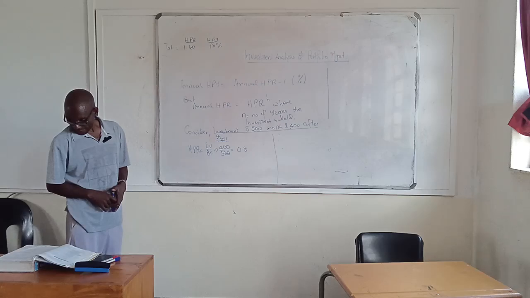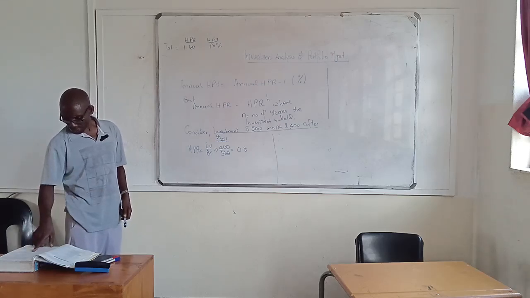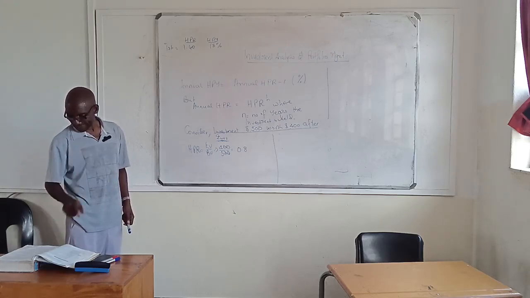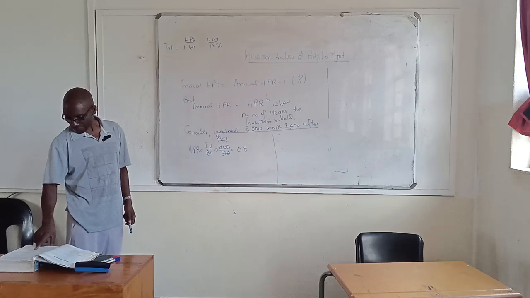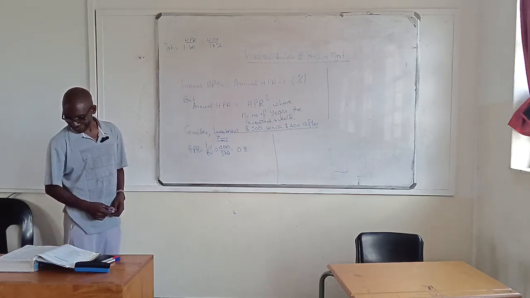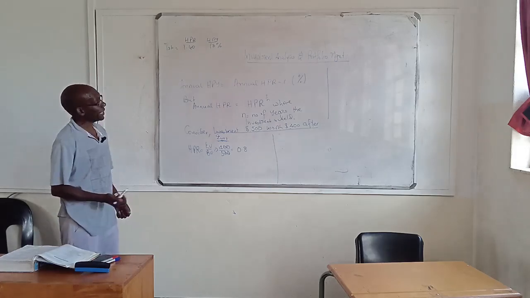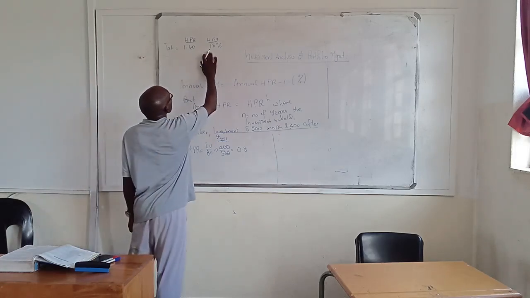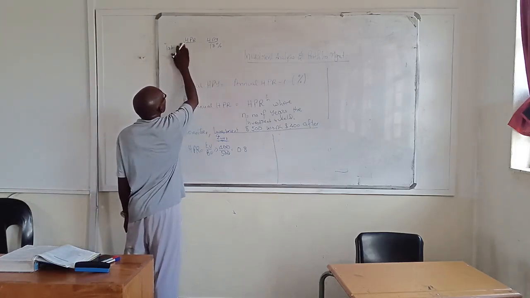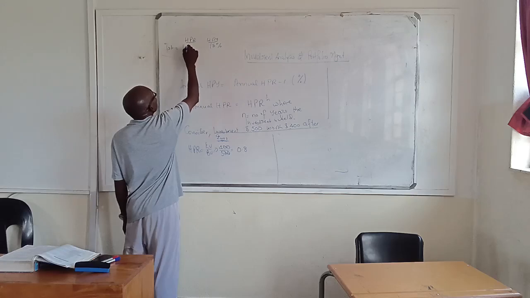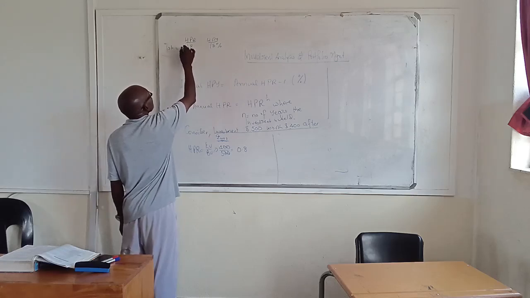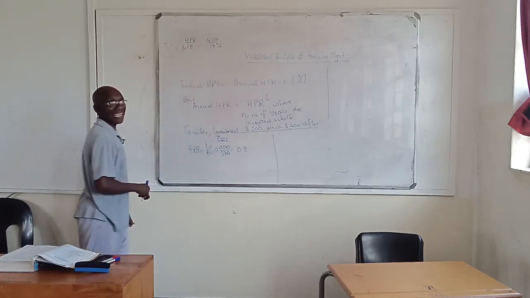And the annual one, no, it wasn't 1.4 because it was annual, because it was 3 years. So the annual HPR was 1.18. It was annual for 3 years.